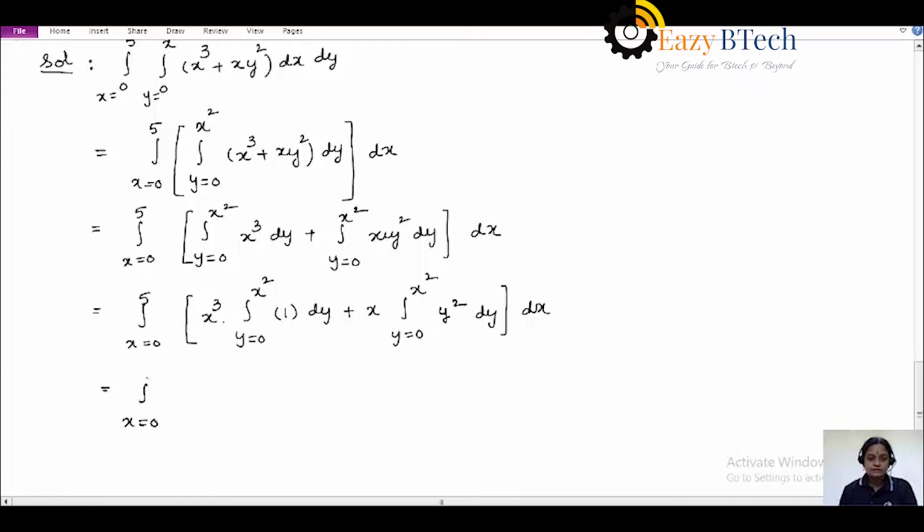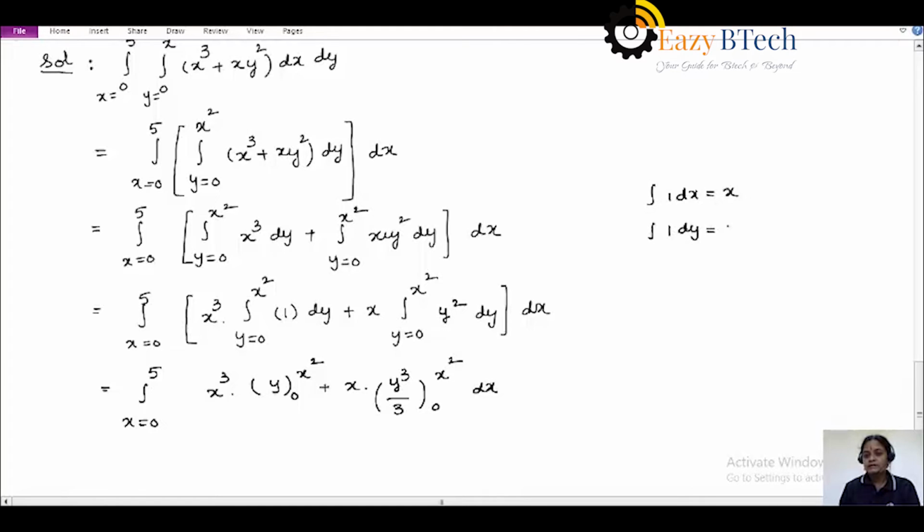Now doing the integration. Integral x is equal to 0 to 5 of x cubed. Integral 1 dy is nothing but y within the limits 0 to x square, and x into y square integration is y cubed by 3 within the limits 0 to x square dx. Students, we know that integral 1 dx is x, integral 1 dy is y.